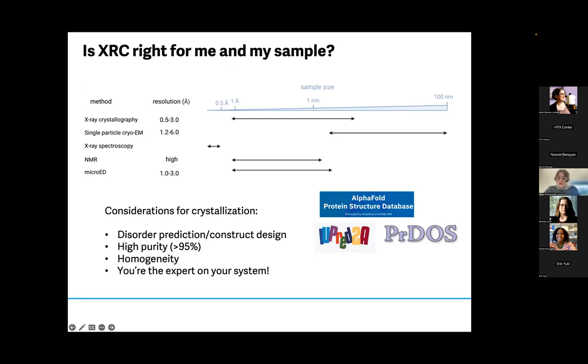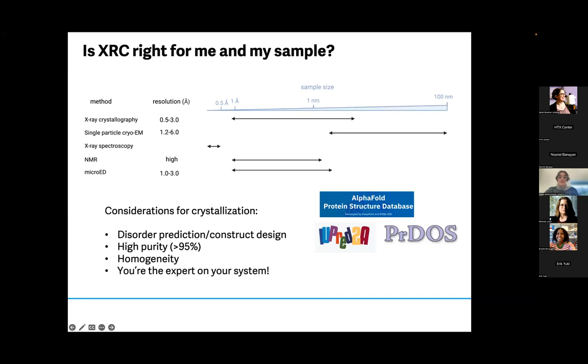And that leads me to my next point, which is just that ultimately you're the expert in the system. And so for a lot of these experiments, we look to you as the user to understand what your protein might need for crystallization. What I mean by that is you want to understand what protein populations you have when you purify your protein. Does your protein need a cofactor in order to crystallize?